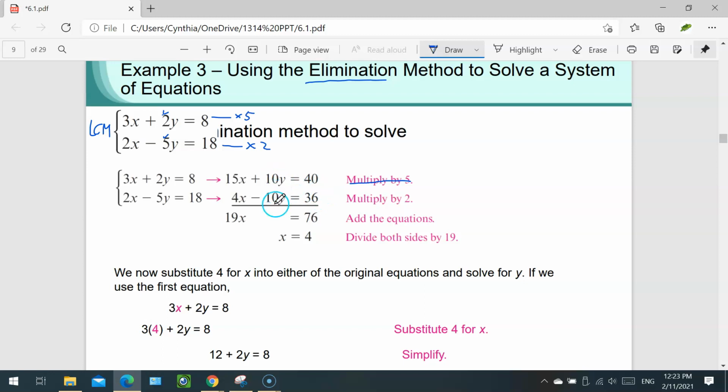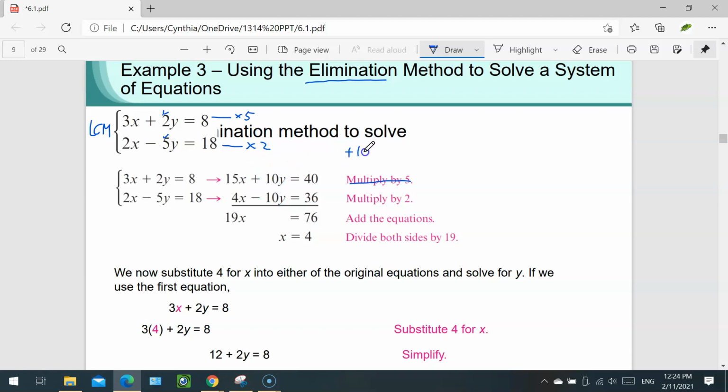Now we have the same numerical y term. Then we can start to eliminate. Keep in mind, of these two y terms, one is positive, the other one is negative. In order to eliminate, we need to add both of the equations.